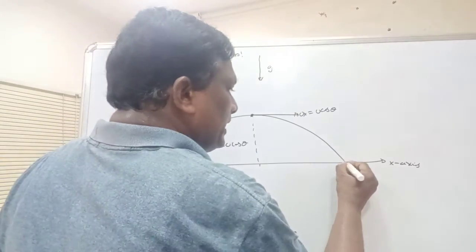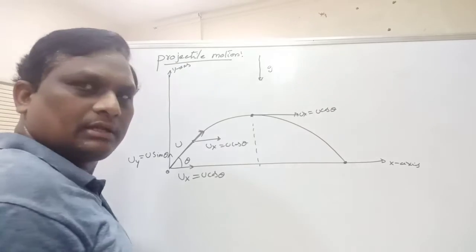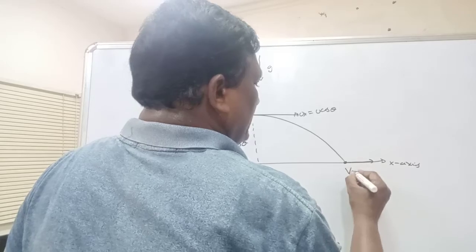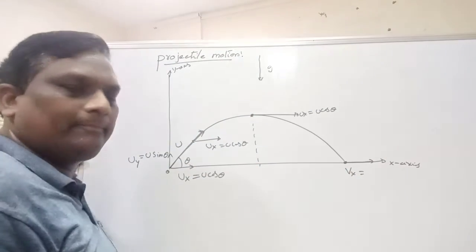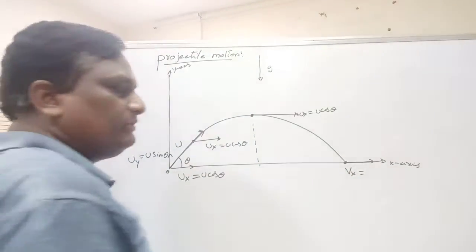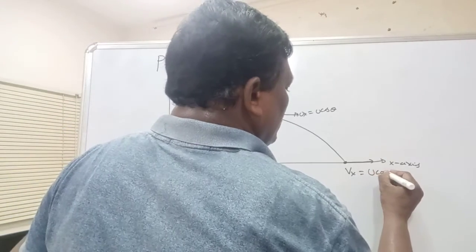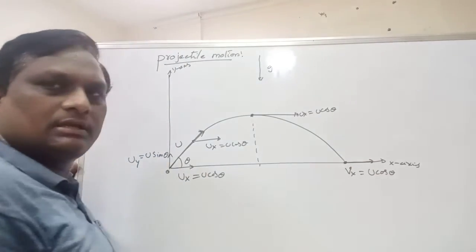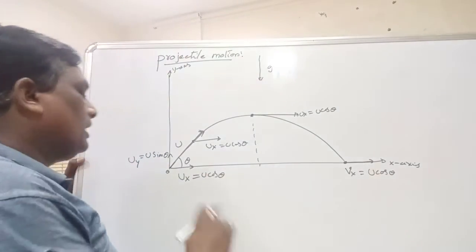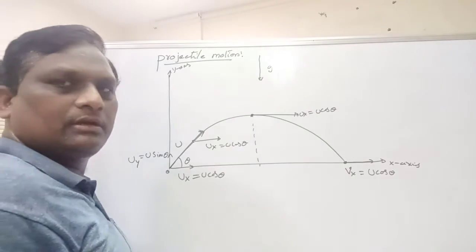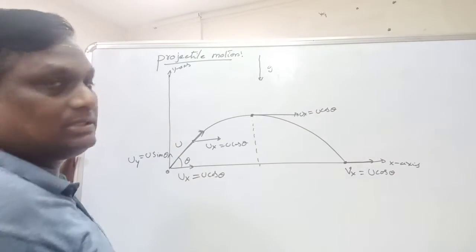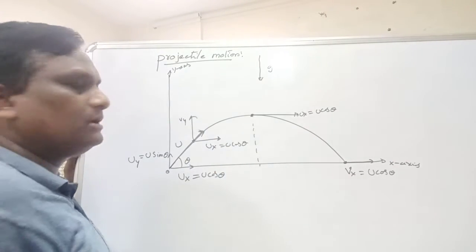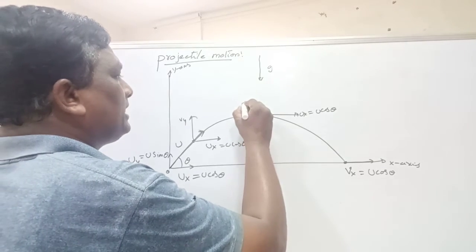Even where it meets the x-axis again, the final horizontal velocity Vx is also equal to u cos theta. Now the vertical velocity will change, and at its maximum height the vertical velocity is 0.